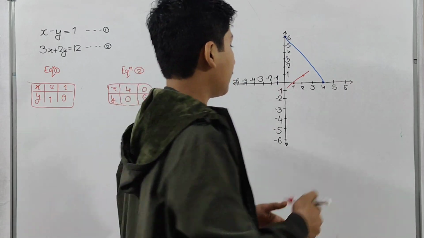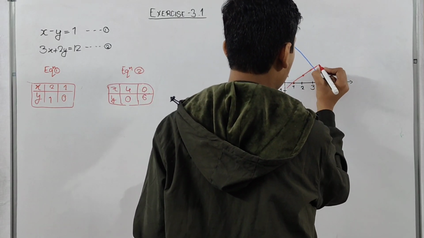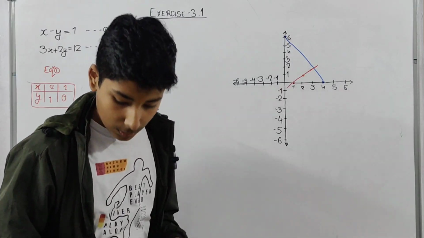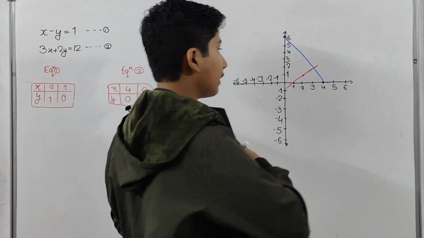Now we have to find the triangle. When we join it, we get this triangle.